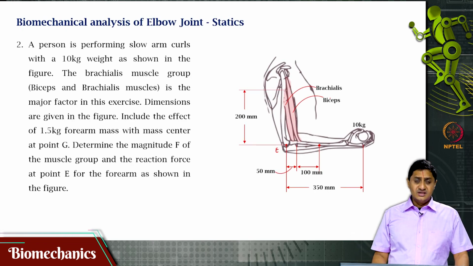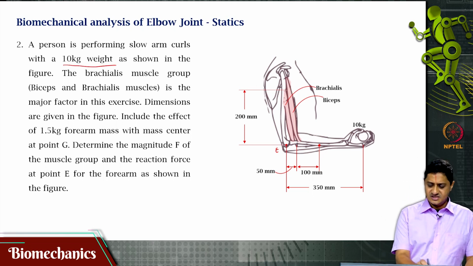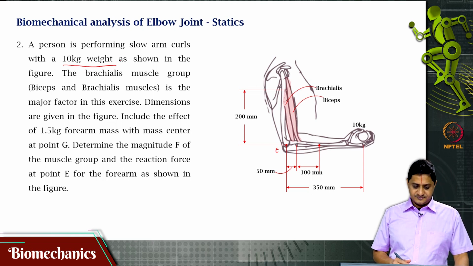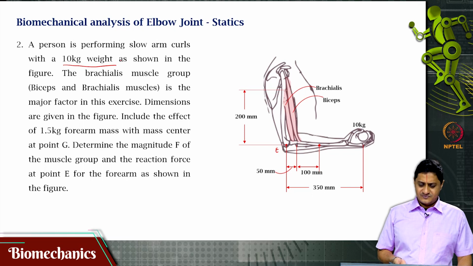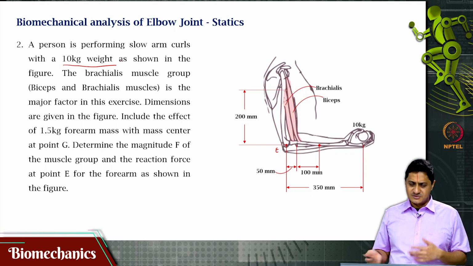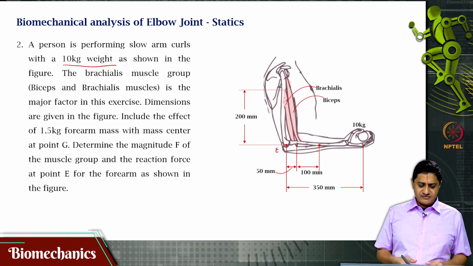Here is the problem. A person is performing slow arm curls with a 10 kg weight, as shown in the figure. The brachialis muscle group, that is, the brachialis, brachioradialis and the biceps brachii, is the major muscle group involved in this exercise.